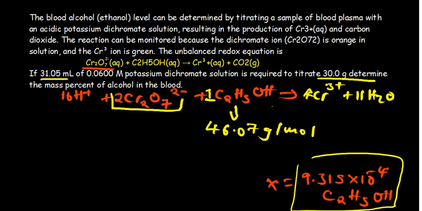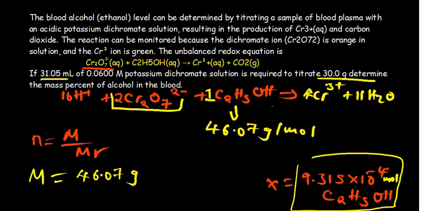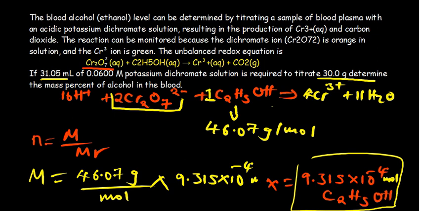So we have our number of moles, and we also have our relative molecular mass, so we're able to find the mass. Remember we said number of moles is given by the mass divided by the molar mass. Now in this case we want to find our mass. So our mass becomes the product of our molar mass, 46.07 grams per mole, multiplied against the 9.315 times 10 to the power negative 4 moles.